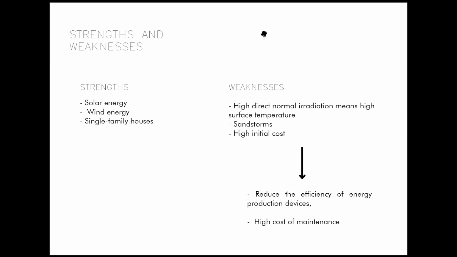While here, the surface temperature could arrive at 90 or 100 degrees. That means that our panels are not going to work better. They are not going to have the best performance.